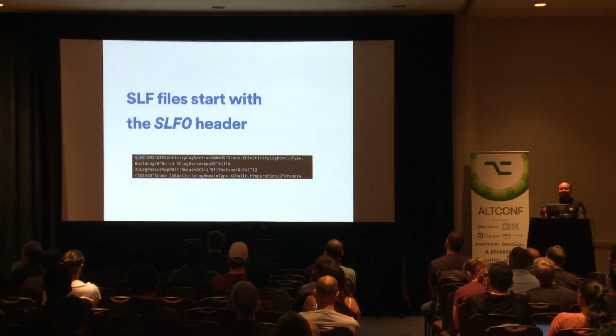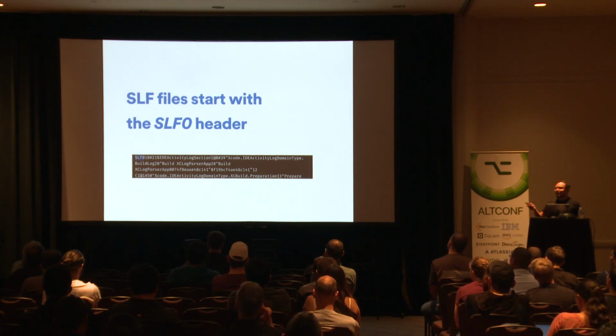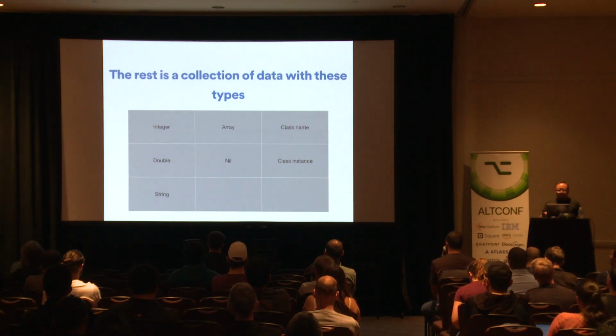You can detect if the file is encoded in this format because of the header. The header is these 4 characters, SLF, and the number 0. Then you can assume this is a file encoded in that format. The rest that is encoded in this format is a collection of data with these types: integers, arrays, class names, class instances, nil values, and so on.